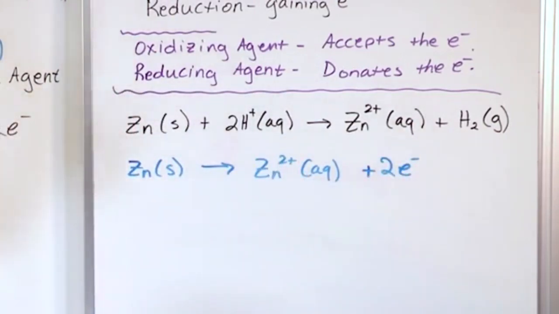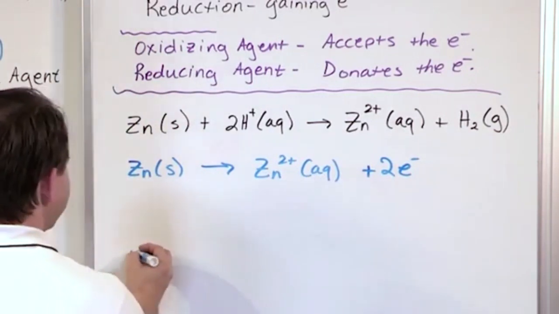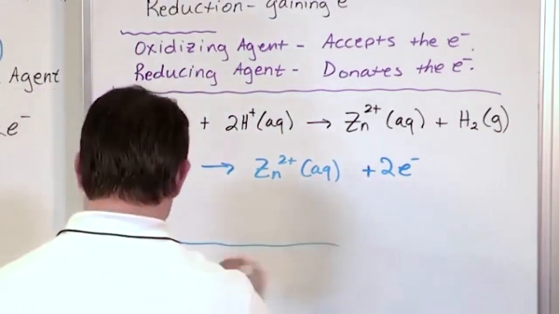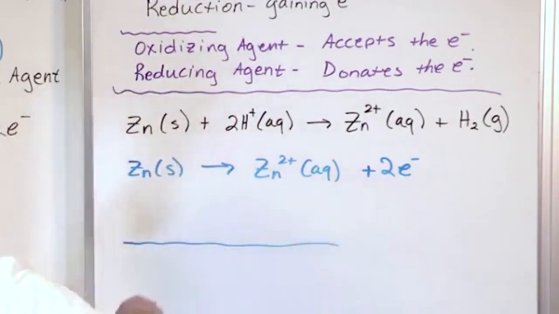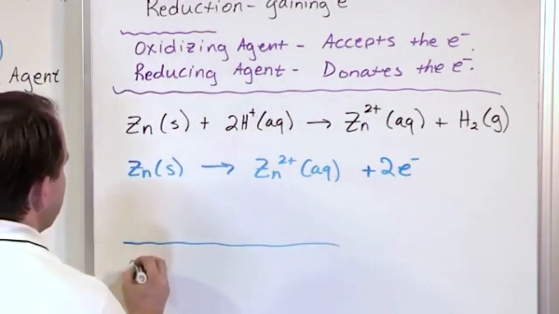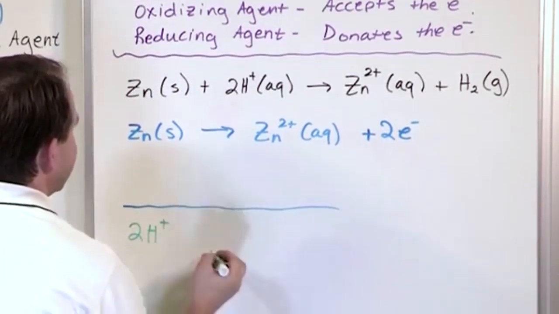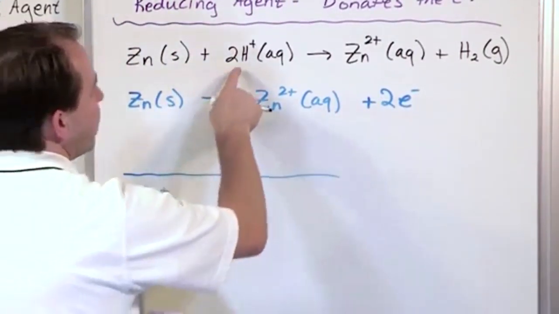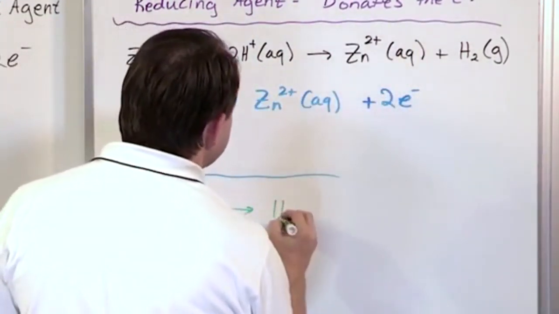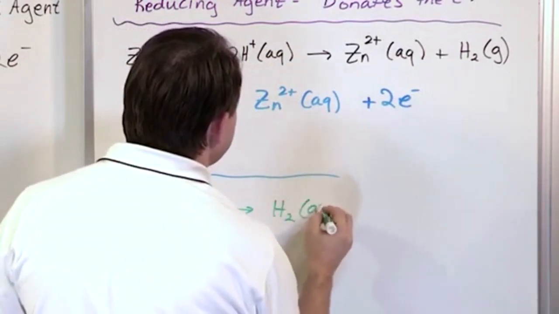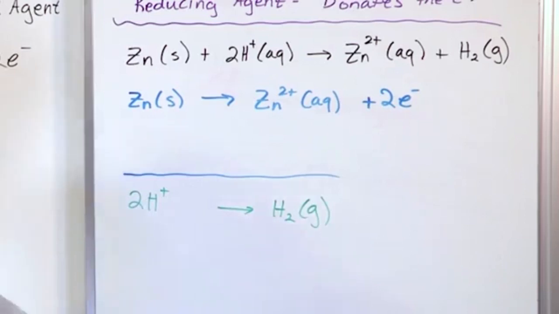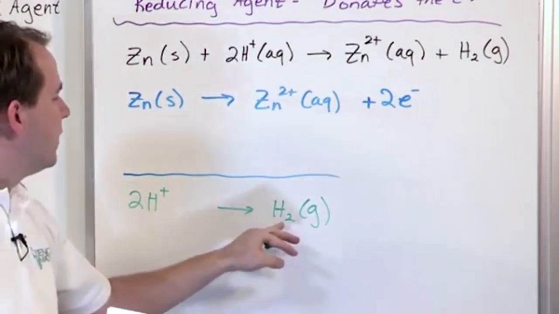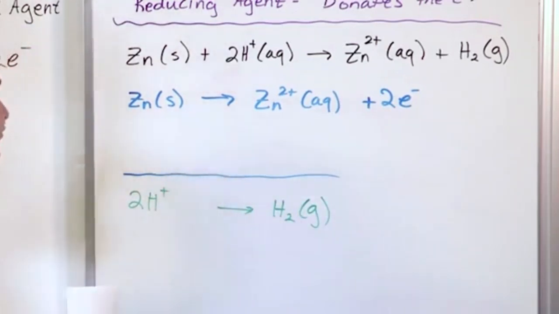All right, so this is a half reaction. I'm going to skip a little space here and put a little line. And then I'm going to write in green the other half reaction. So what if I have 2H plus, and on the other side of the reaction I have hydrogen gas. Now how could this happen? I have two ions, each plus one, and somehow they become two atoms of hydrogen that are each neutral.